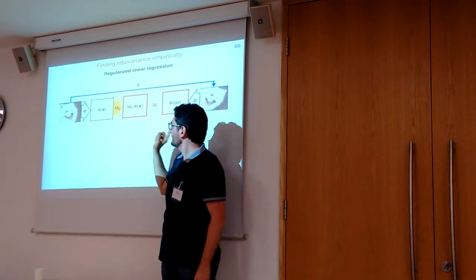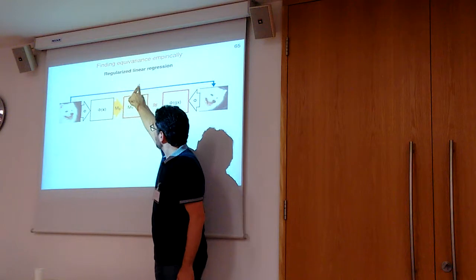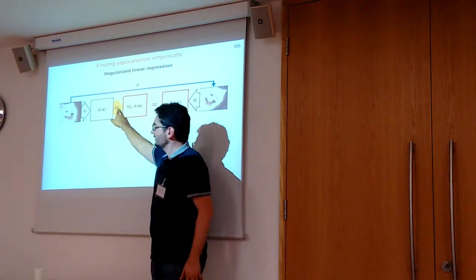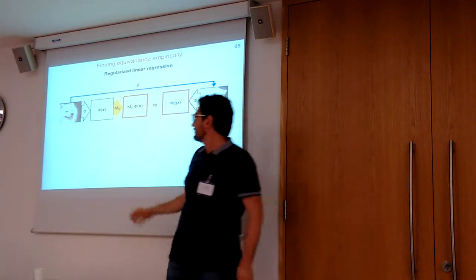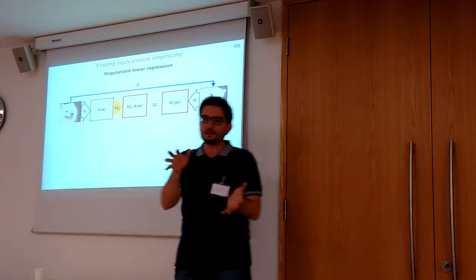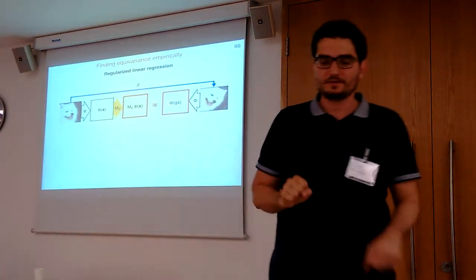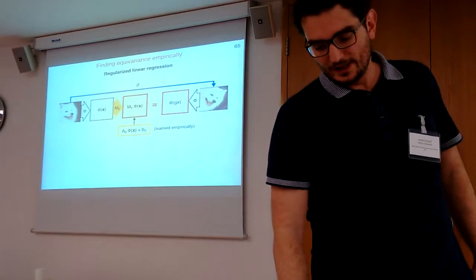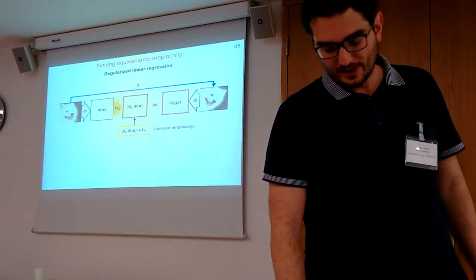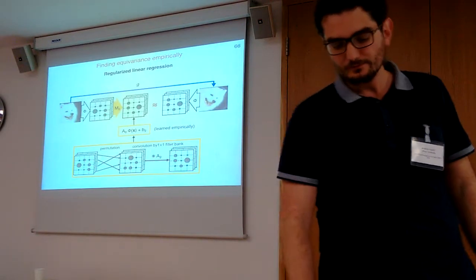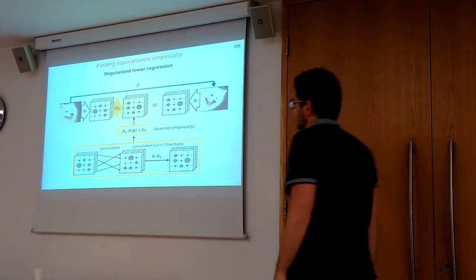So again, what I'm trying to do here is to fix an image transformation and then learn, if it exists, an equivalent transformation that operates directly in the representation space. And this is learned empirically. In practice, it's going to be a linear map combined with a permutation.